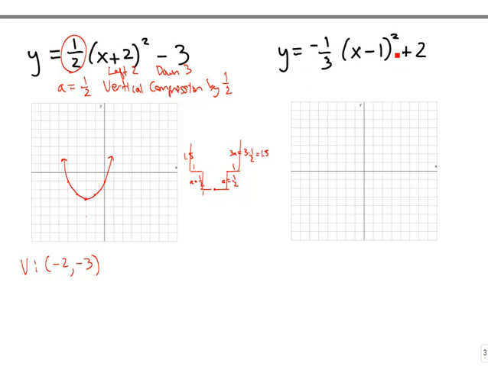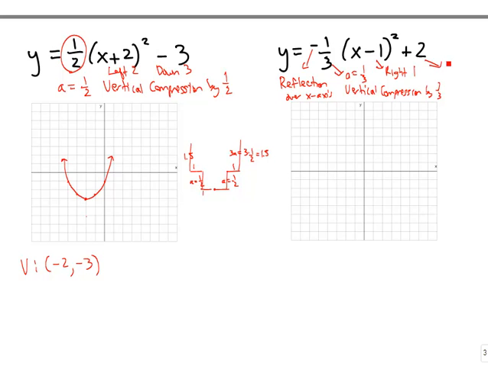On the next one, we have a minus sign, which is that reflection over the x-axis. We have an a, which is a third. That's going to be a vertical compression by 1/3. So again, that's going to make our graph wider. We have a -1 in our parentheses, which is going to be shifting us right 1.